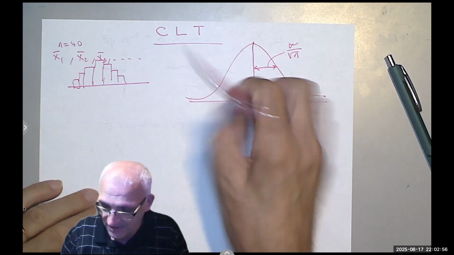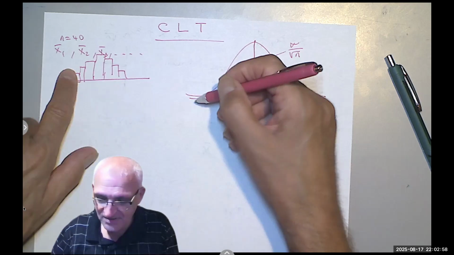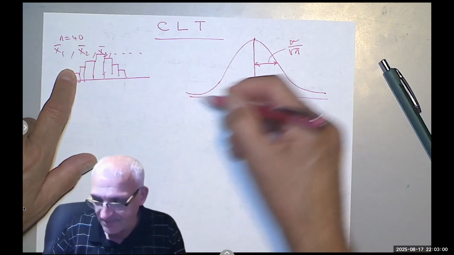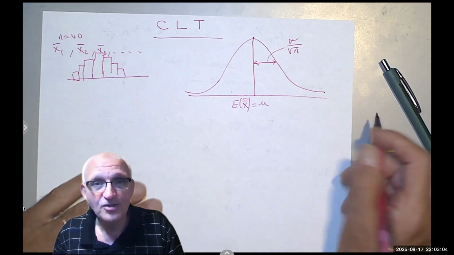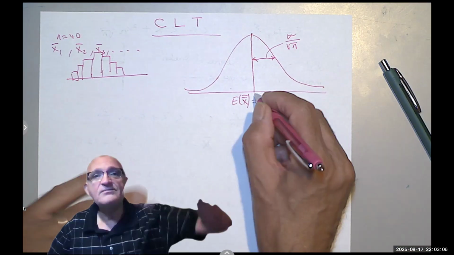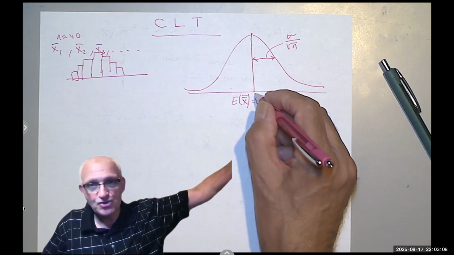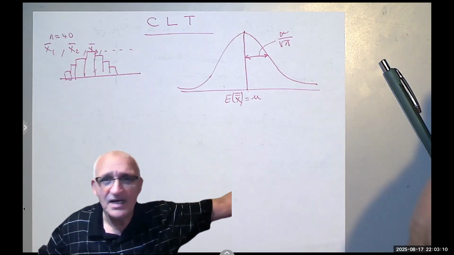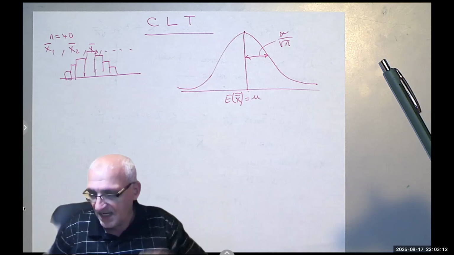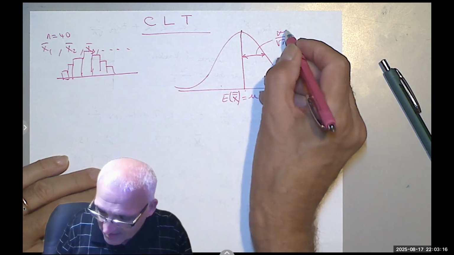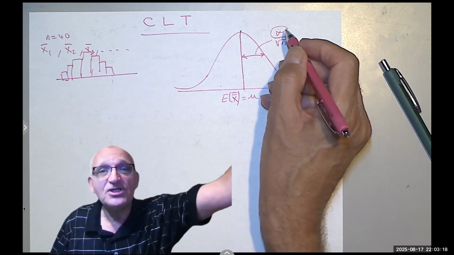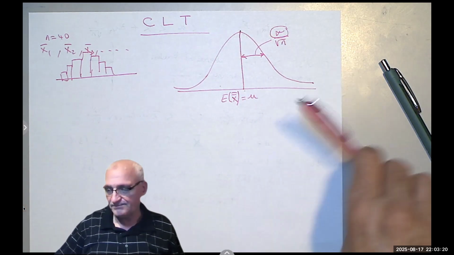I plot the histograms, or I approximate it by a nice curve. It turns out to be a normal curve. The mean of it is the mean of the original distribution that I don't know even its name. I have no clue what it is. And the standard deviation of the means is the standard deviation of the distribution divided by root n.